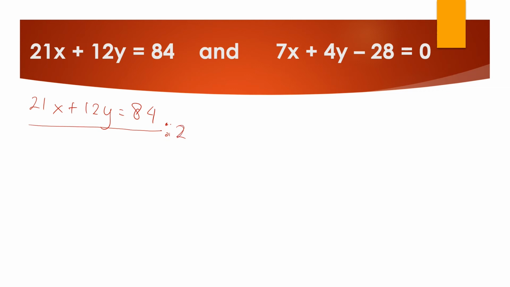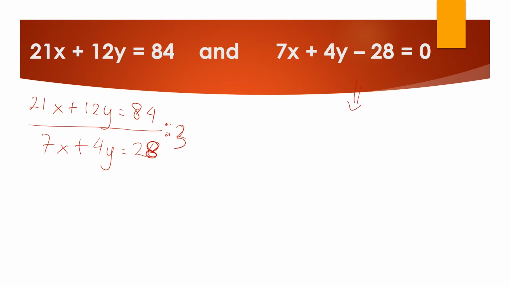Yes, by 3. 21 divided by 3, 7x. 12 divided by 3, 4y. 84 divided by 3, 28, sorry, because I don't have the script. So, 7x plus 4y equals 28.